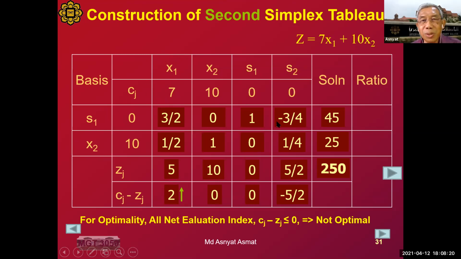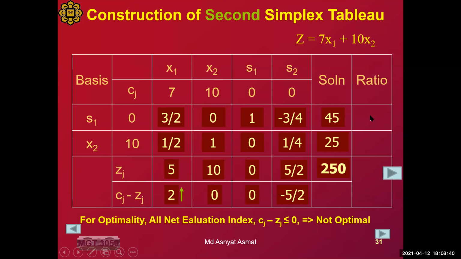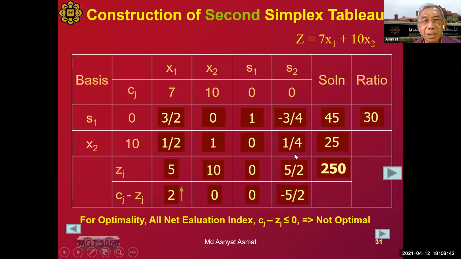Let's find the ratio. Ratio is solution divided by pivot column coefficient. Okay, let's put the ratio. 45 divided by 3 over 2, 30. 90 divided by 3, 30.